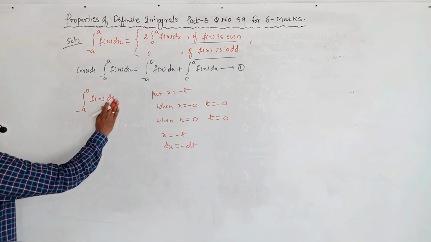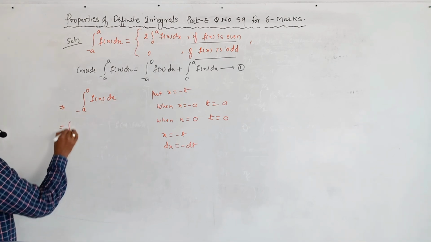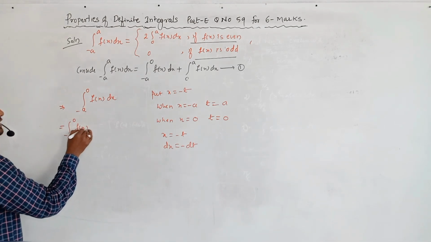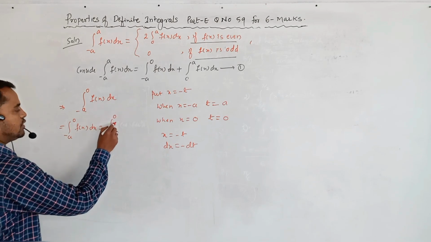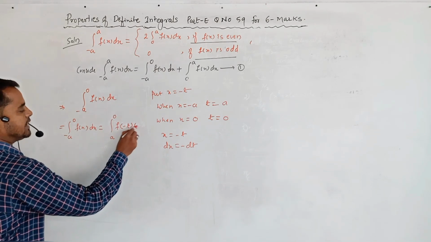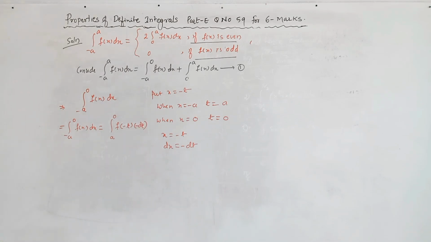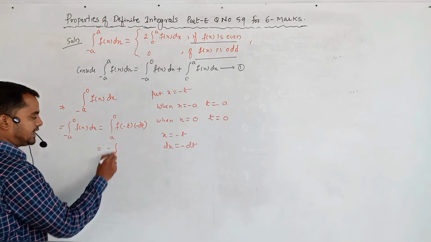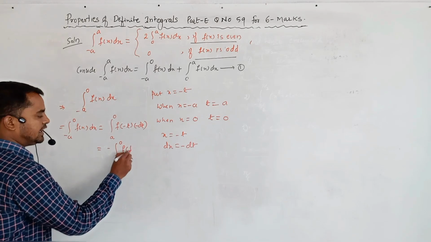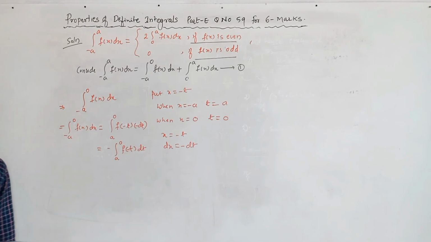Now therefore the integration of minus a to 0 f of x dx is equal to, minus a means plus a here, that is a to 0 f of minus t, minus dt. Take the minus sign outside.